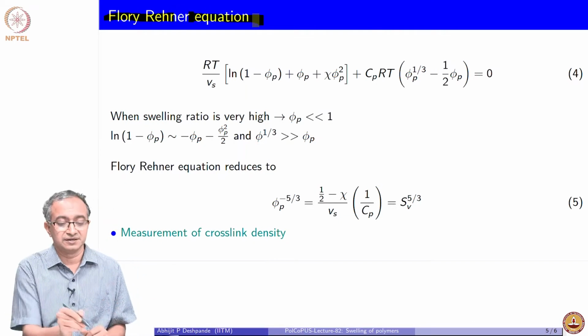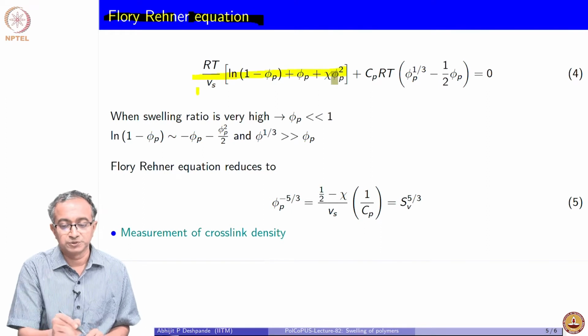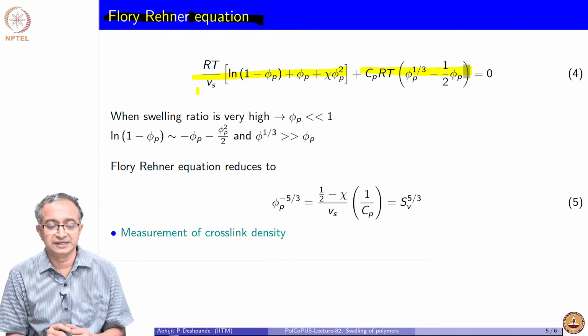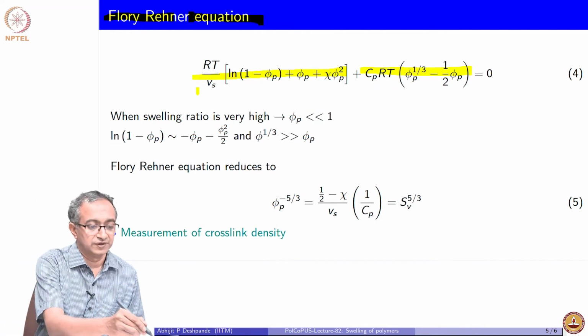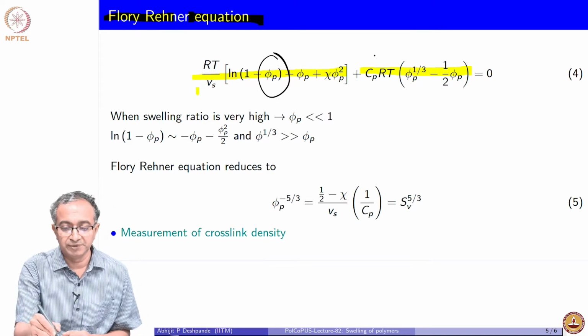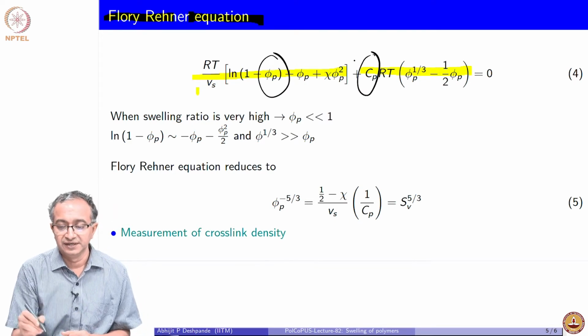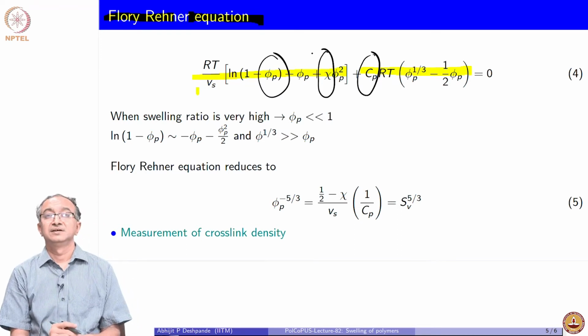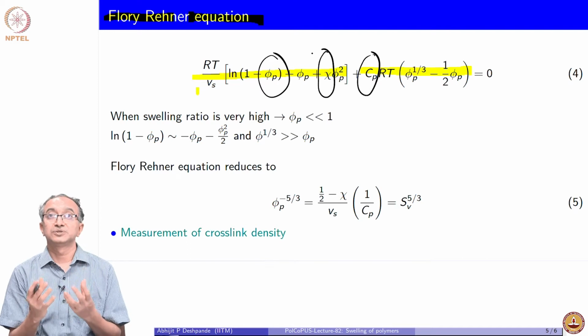So, we equate the osmotic pressure with the stress which is developed in the material, and this equation basically relates the amount of swelling which is determined by phi p with the parameters crosslink density and also the interaction parameter chi, which is exclusive for a polymer solvent system.